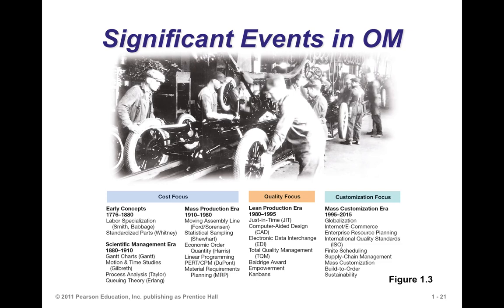That period lasted until about the mid to late 90s, and then people wanted large volumes but more customization, so we move into something called mass customization, which really moved away from the idea that if you wanted a lot of volume, you could not be very flexible. You could not have variety at the same time.